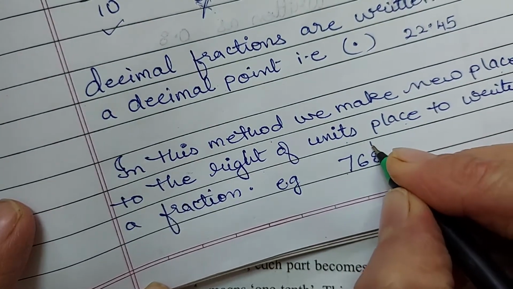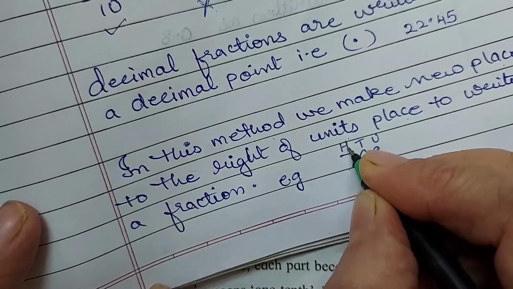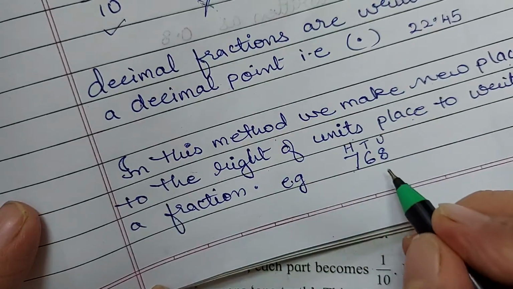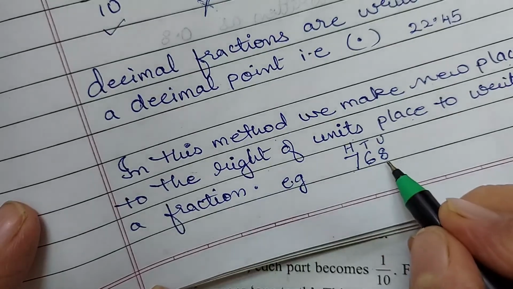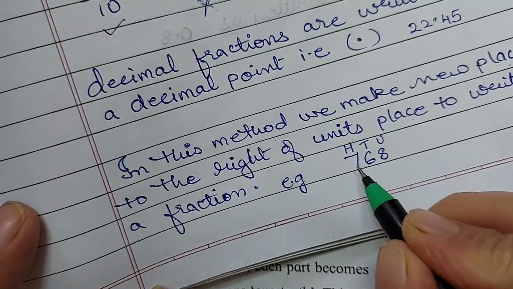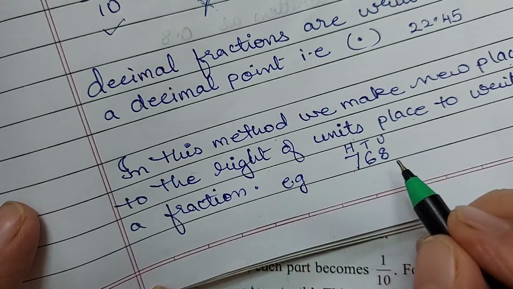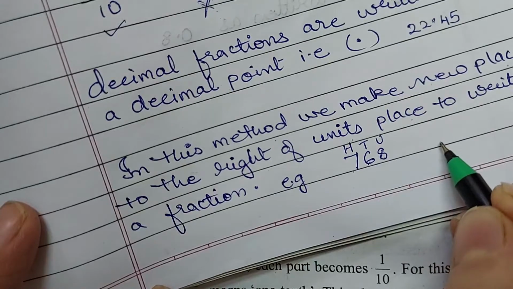So this is units, this is tens, and this is hundreds, right? So where is the number increasing? To the left hand side of the unit. Now in a decimal fraction, we will write numbers to the right hand side, this side.